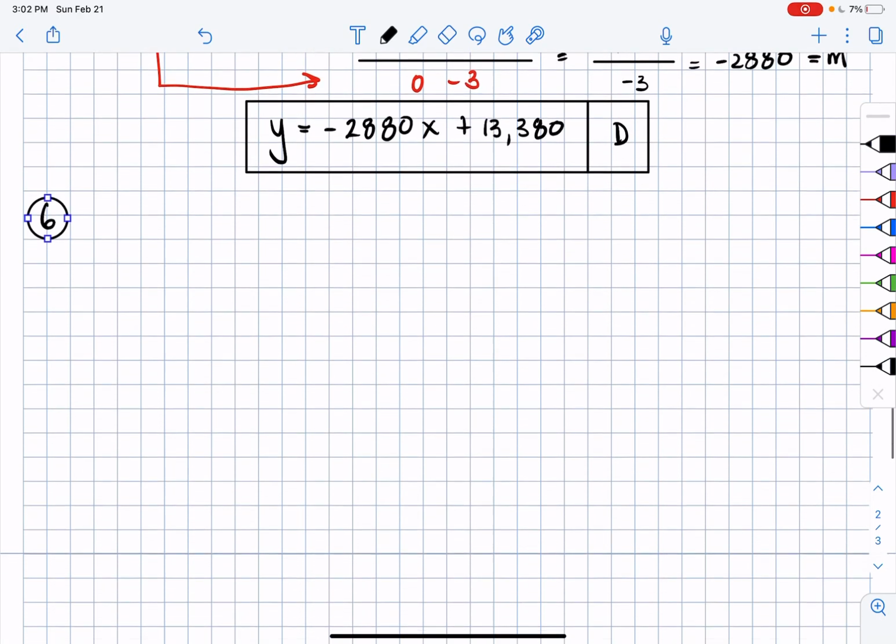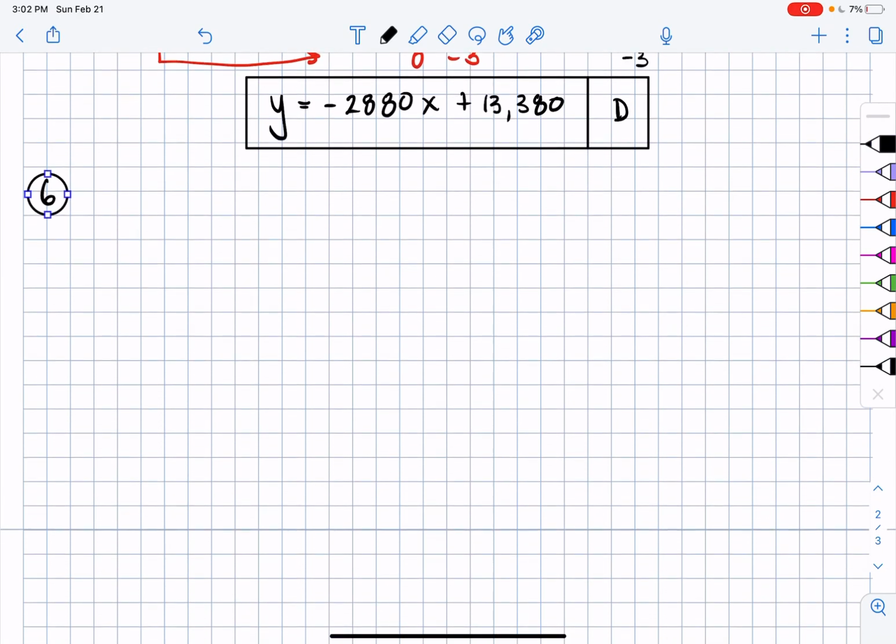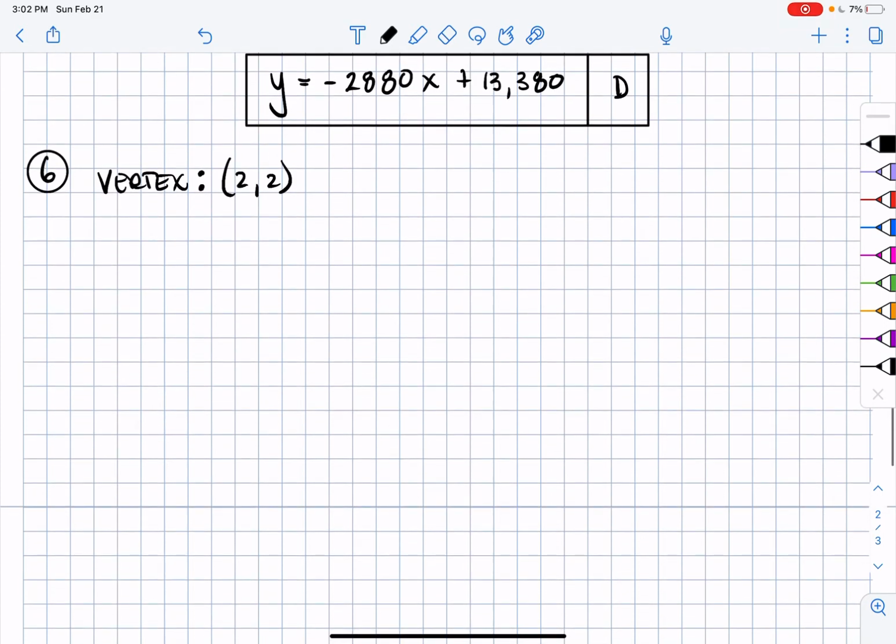All right. So the graph, I see a vertex, and the vertex is where? It is at (2, 2). Okay? And it is also smiling. Right? So that means A has to be positive.